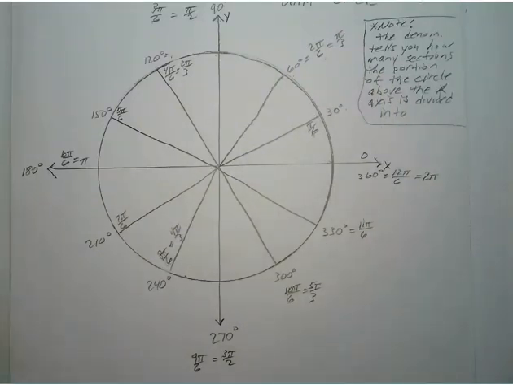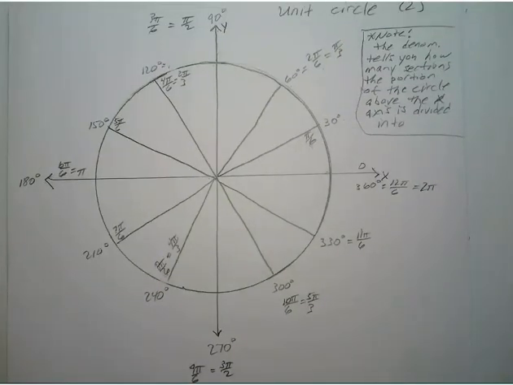I know it might sound a little bit tricky, but once you get a little practice, the hope is that you'll see it's not so bad. If you're still drawing this, feel free to press pause, but we're going to move on with our reference angles.